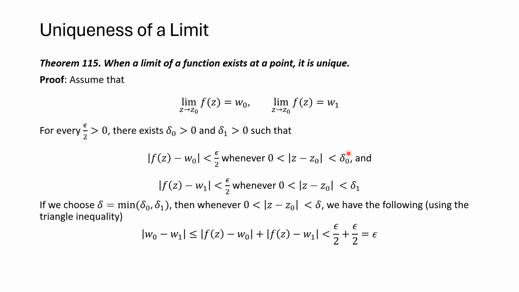But under the condition that these two inequalities hold true, the first term is less than epsilon over 2, the second term in the expression is less than epsilon over 2, the whole thing is less than epsilon, and since epsilon can be made arbitrarily small, we're forced to conclude that w sub 0 equals w sub 1.